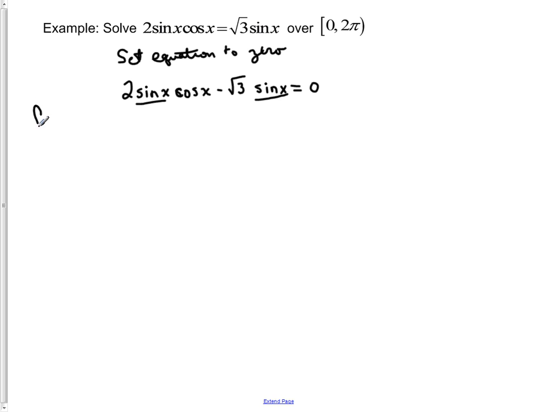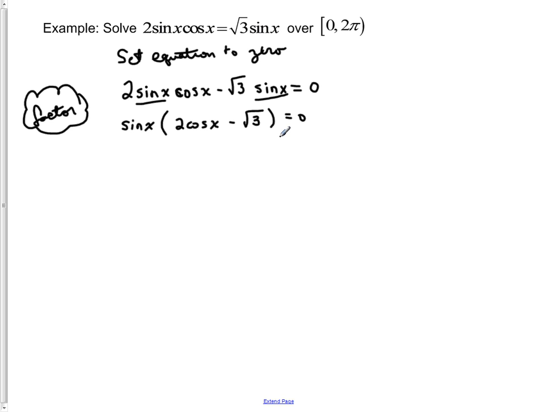So now I'm going to factor it apart. And this is an awful lot like what we were doing when we were solving polynomial equations, right? We would factor out the common factor and ask ourselves, what would we have to multiply by sine of x to get our first term? And that turns out to be 2 times the cosine of x. And we say sine of x times what would give us the second term right here, and that just ends up being the square root of 3.